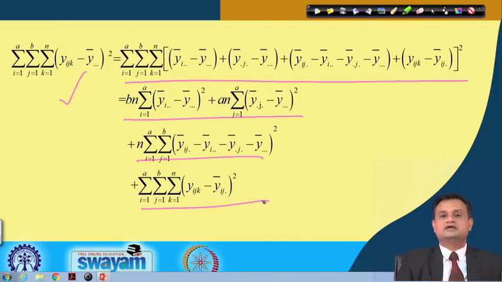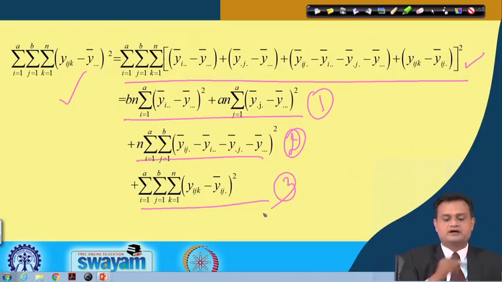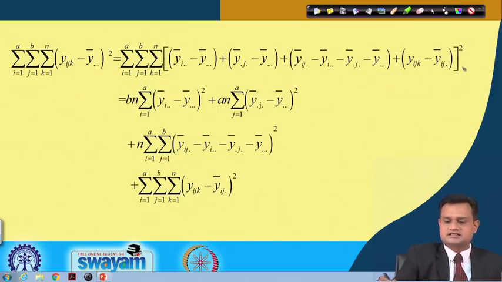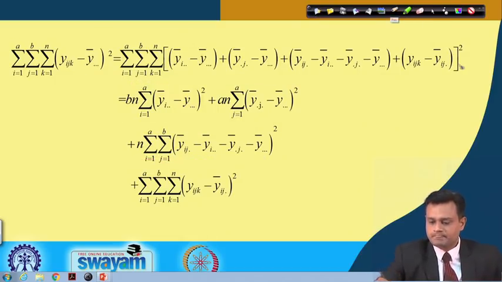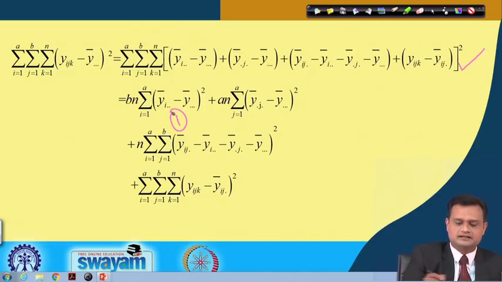When you expand it you have component number 1, number 2, and number 3, and after rearrangement of the terms you have number 1, number 2, number 3 and number 4.